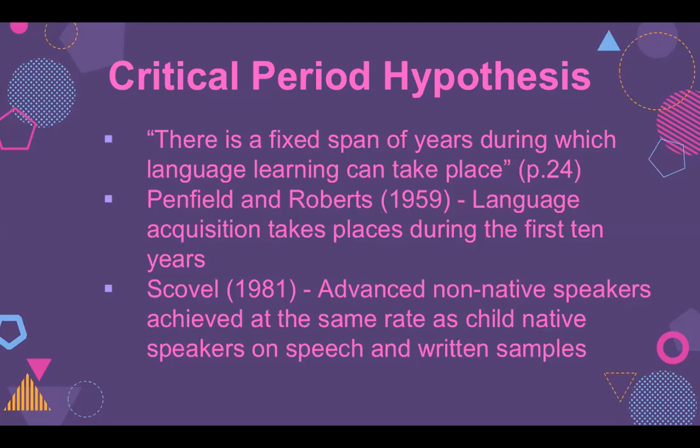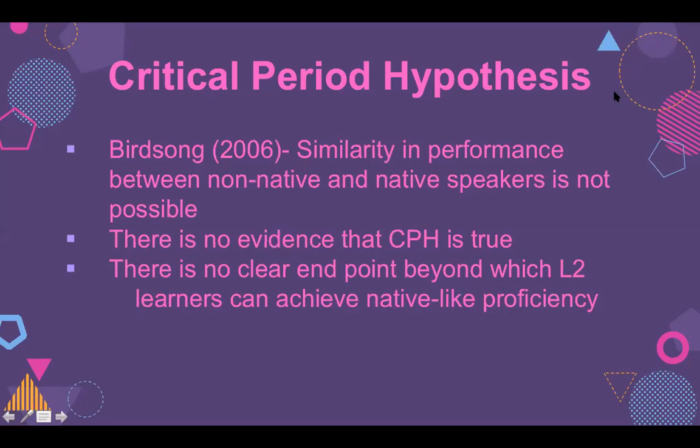Scoville said that advanced non-native speakers achieved at the same rate as child native speakers on speech and written samples. So there starts to be some confusion as to whether this is really true. Birdsong said that this similarity is actually not possible between non-native and native speakers.